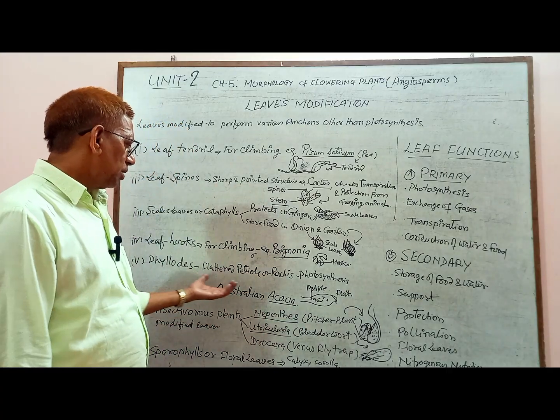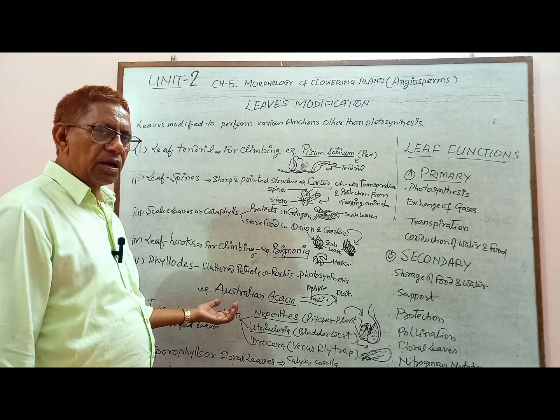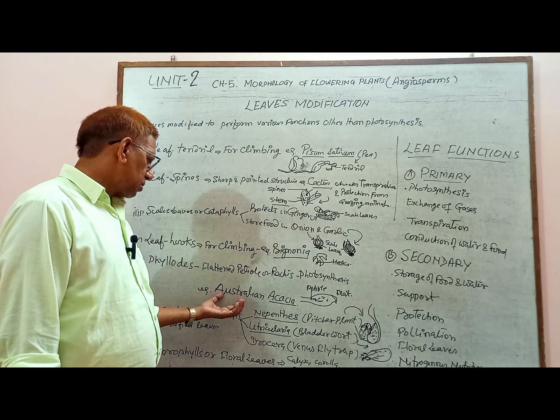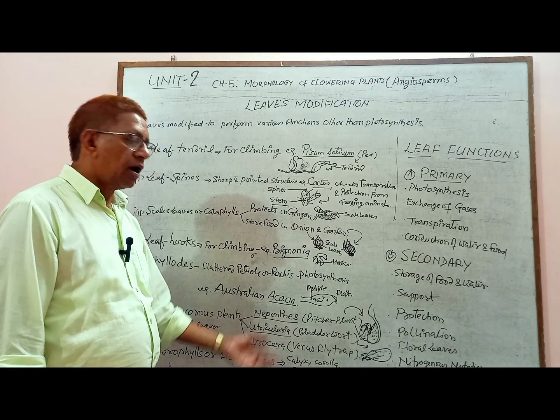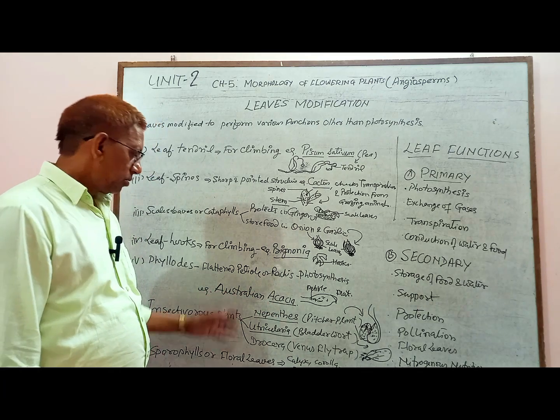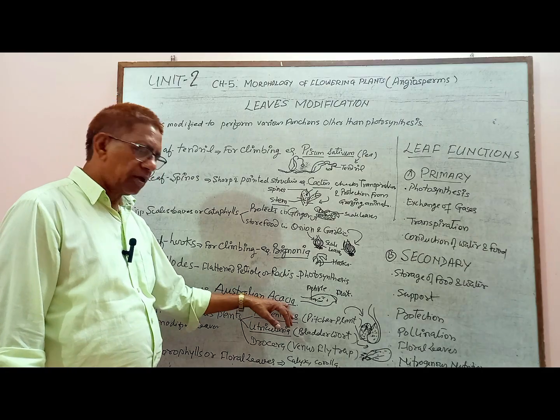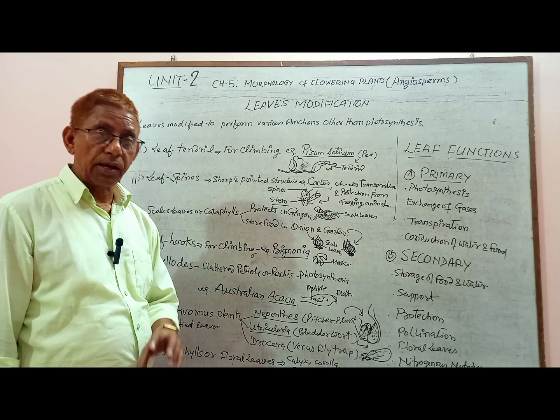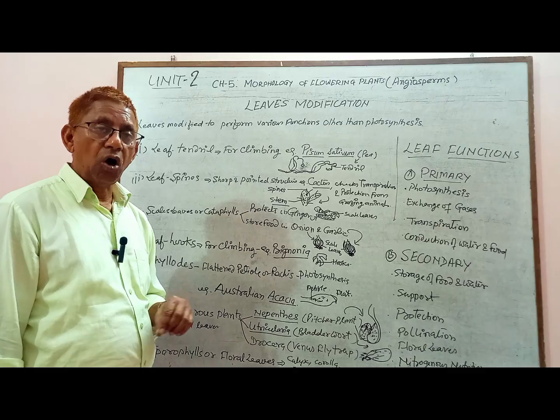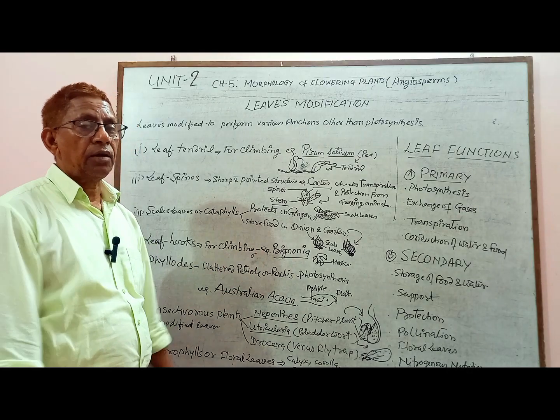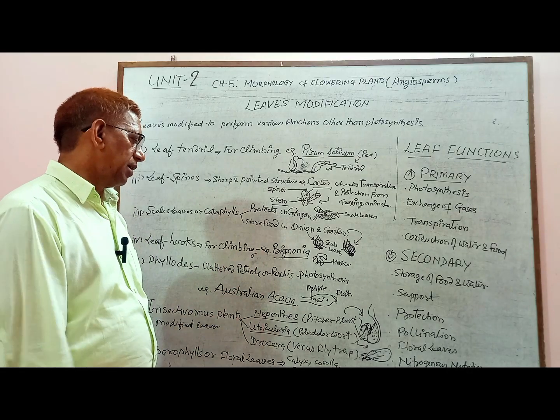So it is represented by a special plant known as Australian acacia, where the rachis or petiole gets flattened like a leaf.